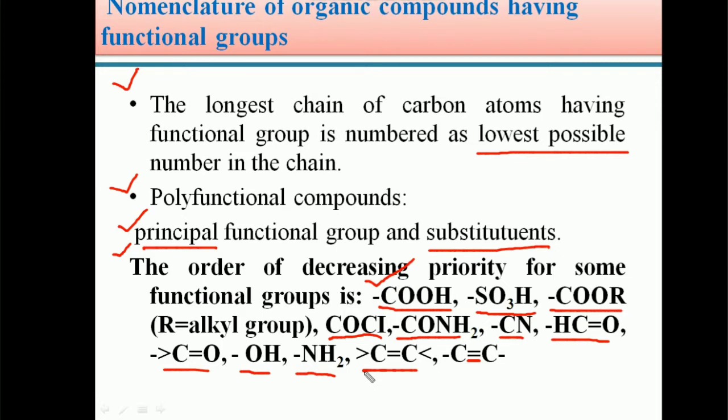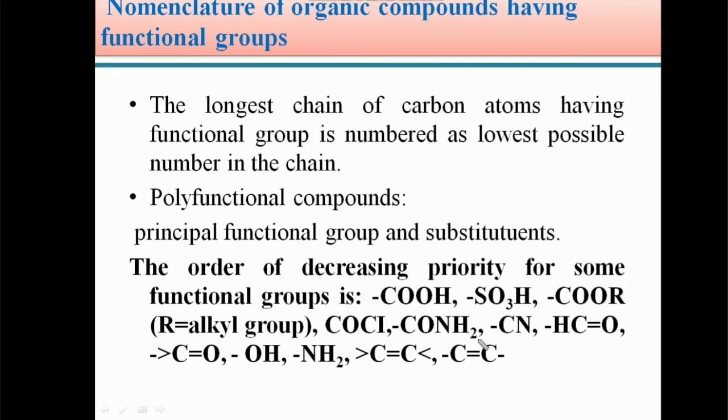For example, students, in the case of polyfunctional compounds, when more than two functional groups are present in a given organic compound, we first classify them as a principal functional group and substituents.